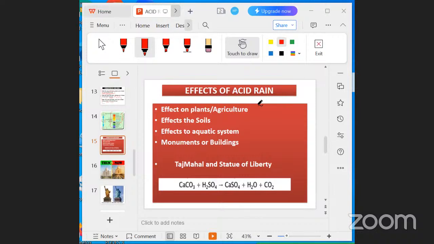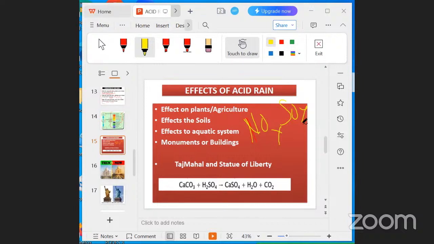There are many problems and effects caused by acid rain. The increased amount of nitrogen oxides and sulfur oxides in the atmosphere contributes to heart and lung problems, including asthma and bronchitis. So acid rain causes many health issues in animals and human life and other things.